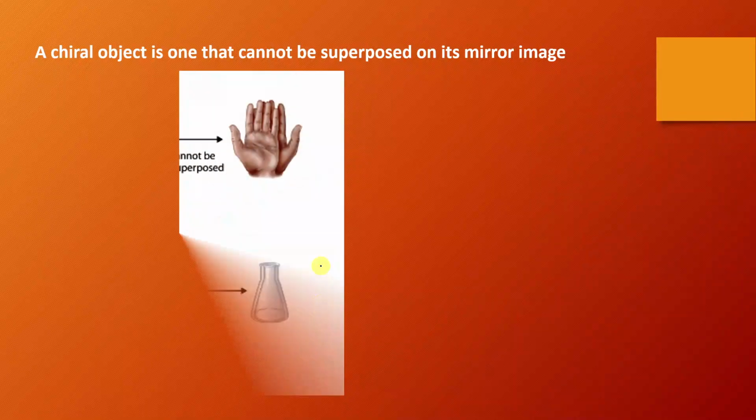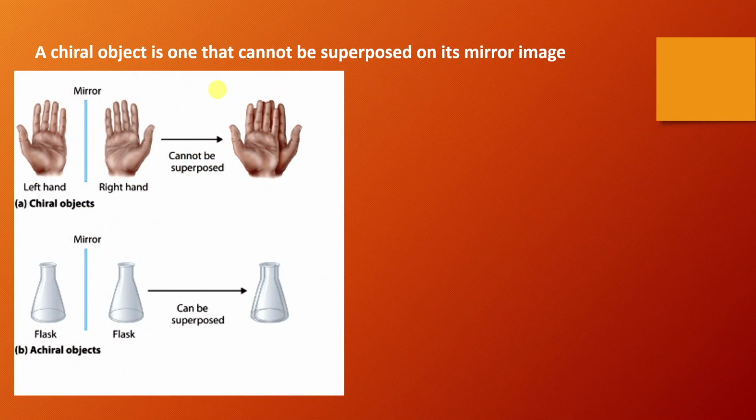A chiral object is one that cannot be superimposed on its mirror image. You can see that this is the image of our left hand, and if you put a mirror in front of that left hand, you will get the mirror image of the left hand, which is basically the right hand.